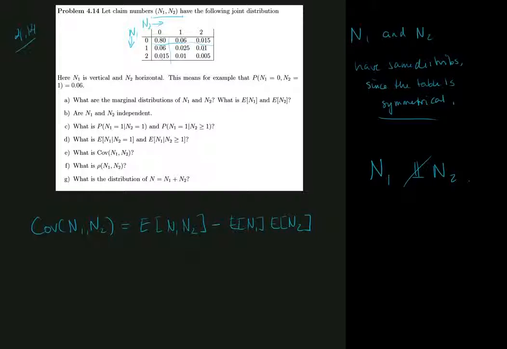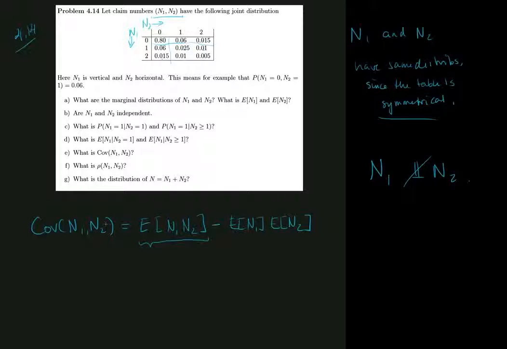So had N1 and N2 been independent, the covariance would have been 0, since then these two would have split the expected value up into mean of one multiplied by mean of the other, and these two terms would have cancelled. However, N1 and N2 are not independent, so we will have to calculate the covariance by calculating the mean of N1 multiplied by N2.